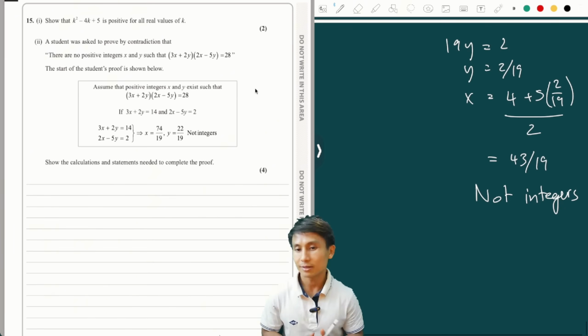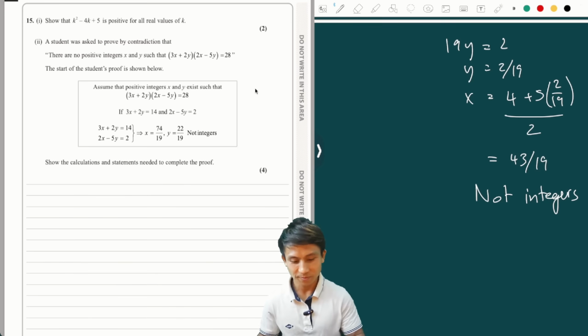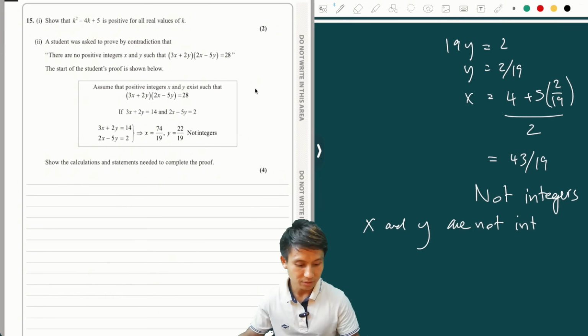And statements needed to complete the proof. So x and y are not integers in any case.